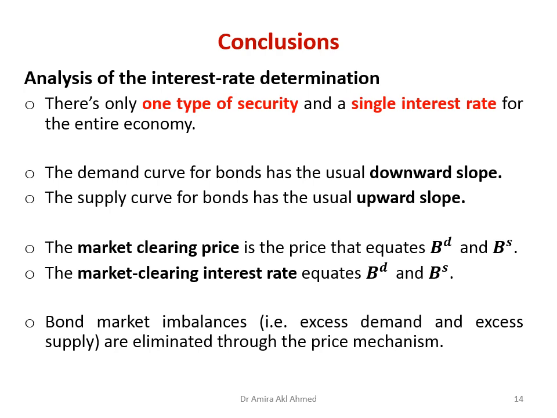The second point covered in the current presentation is the analysis of the interest rate determination through studying the supply of and demand for bonds. This determination is derived based upon the assumption that there is only one type of security, that is the discount bond, and a single interest rate for the entire economy.